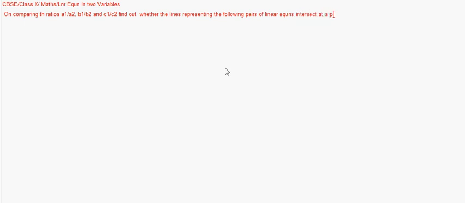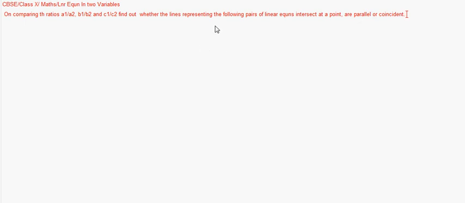Now the question reads: on comparing the ratios, that is a1 by a2, then b1 by b2 and c1 by c2, we have to find out whether the lines representing the following pairs of linear equations intersect at a point, or they are parallel, or coincident.